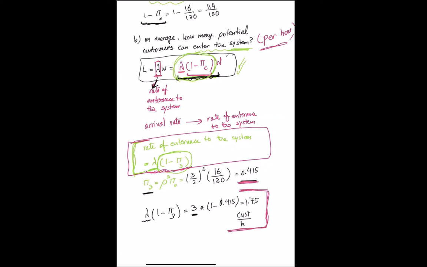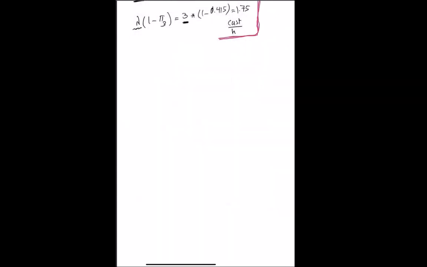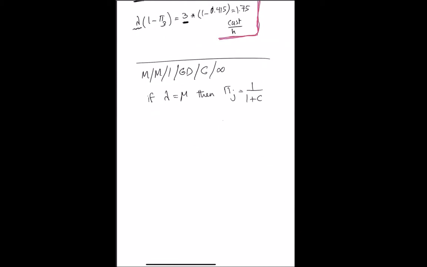One more thing, which I'm not sure if I mentioned in the previous session: in this system, the M/G/c/infinity, if lambda equals mu, then pi j is going to be 1 over 1 plus c, no matter what j is, from 0, 1, all the way to c.